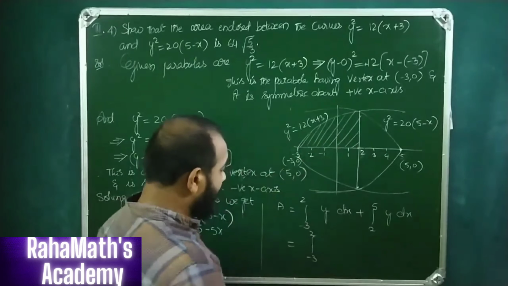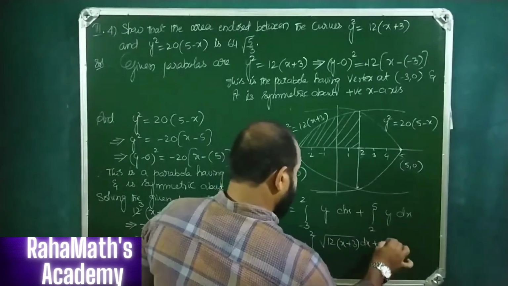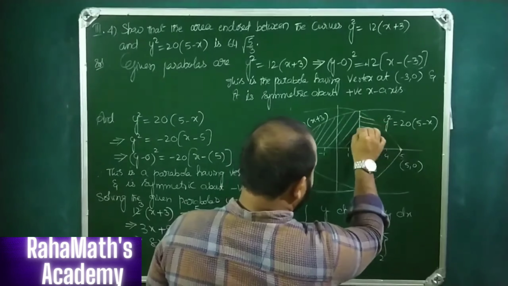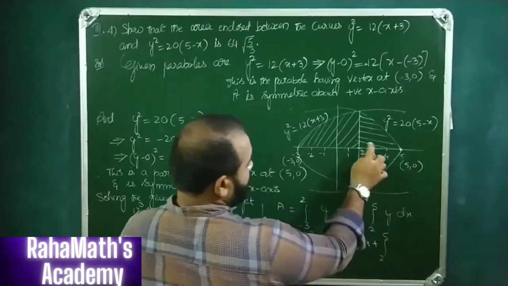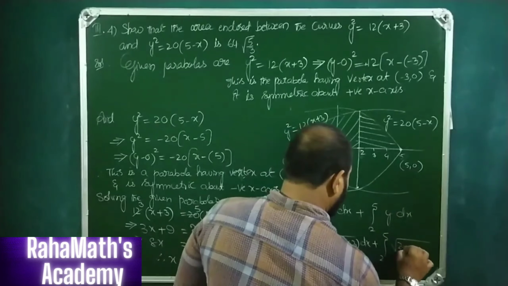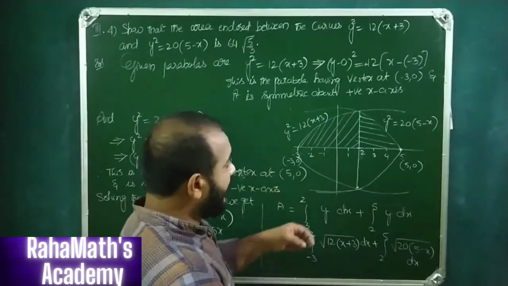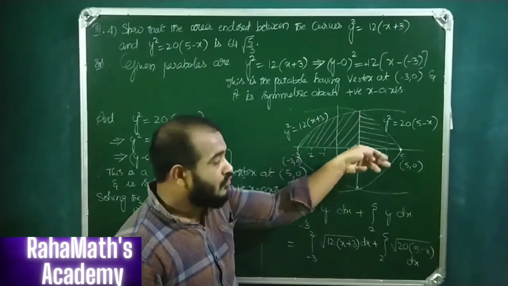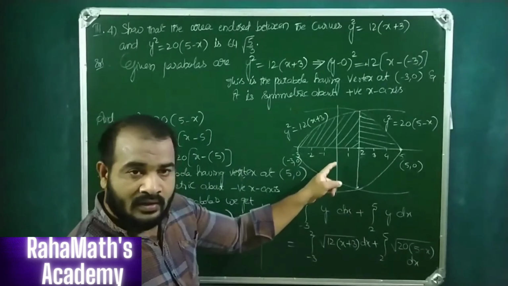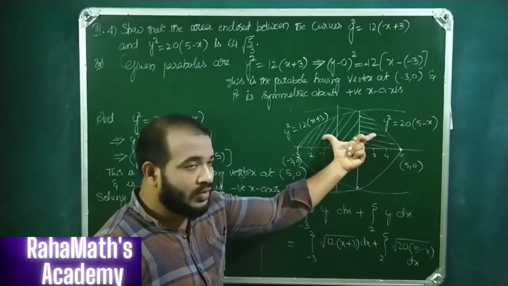Therefore, if you want y, it is square root of 12 into x plus 3 dx, plus 2 to 5, this parabola is y square equals 20 into 5 minus x. If we want y, then it is square root of 20 into 5 minus x dx. If you do so, then actually the above curve only we are going to get. For getting the total curve, this is the area of the region symmetric about the x-axis. Therefore this part only we are going to get.